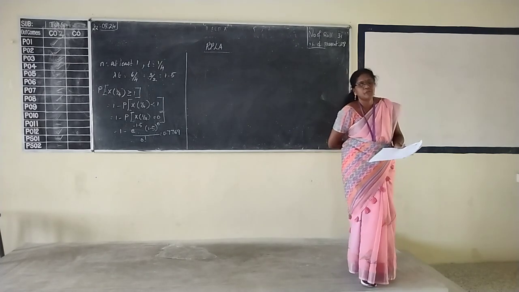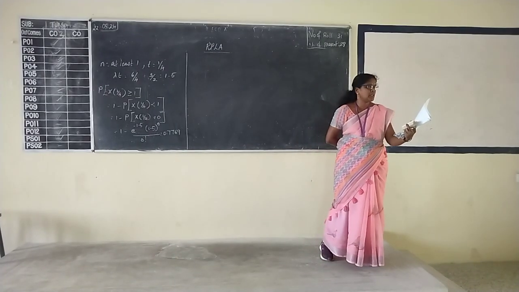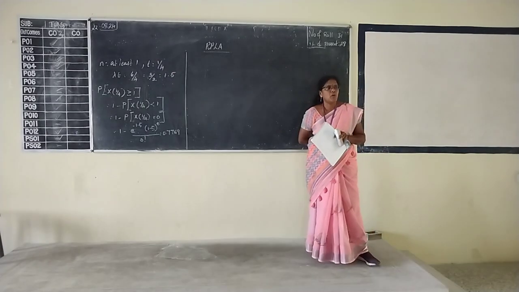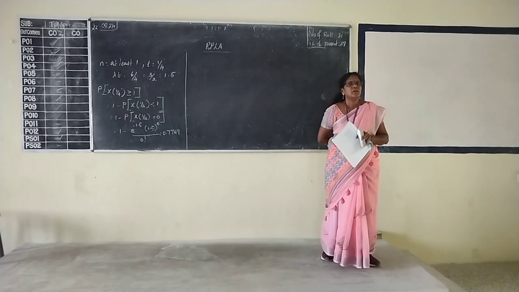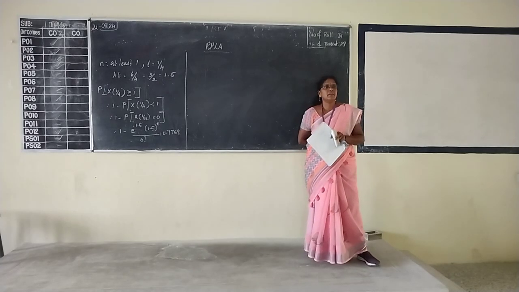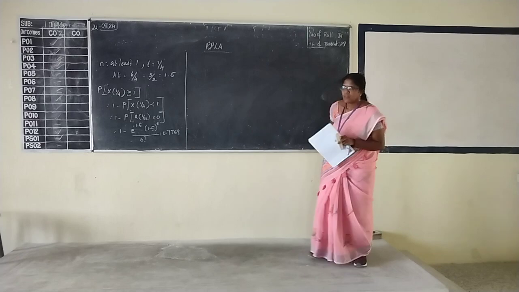Take down what is the fourth one given: at least 2 ships in the next 20 minutes. Again it is given to be at least. What is the time given? 20 minutes. 20 minutes in terms of hours is 1 by 3.